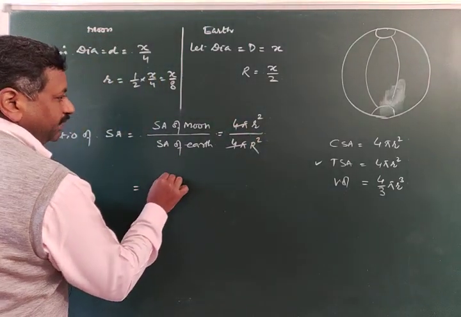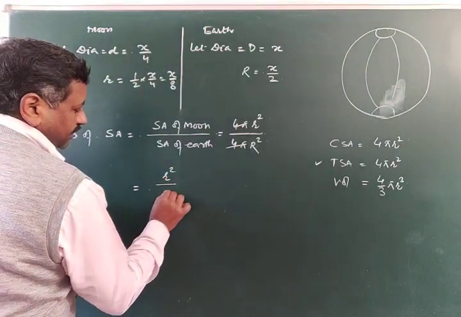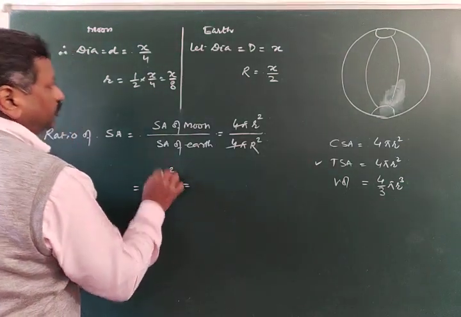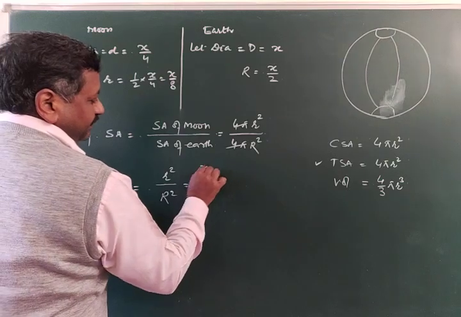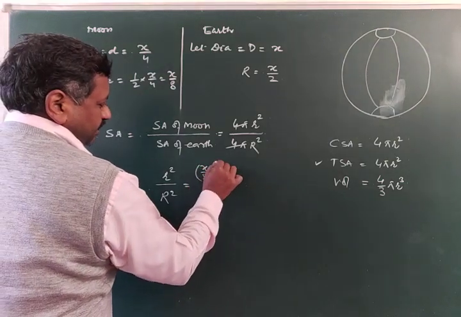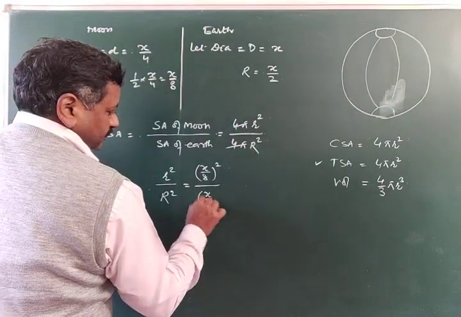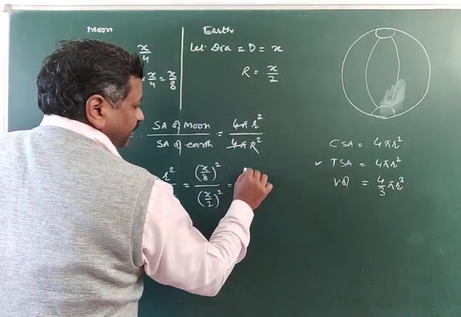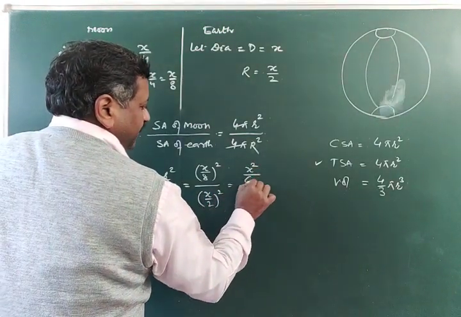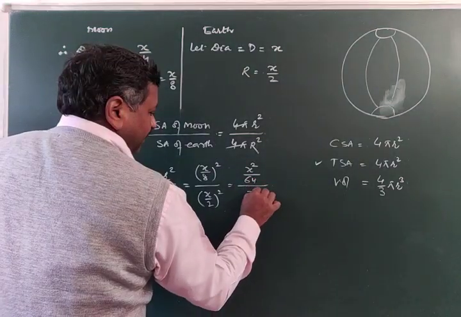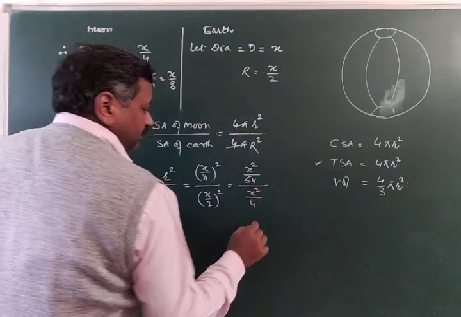So ratio will be r square upon capital R square. Small r square, that is x by 8 whole square, upon x by 2 whole square. It will be x square upon 64 whole upon x square upon 4.